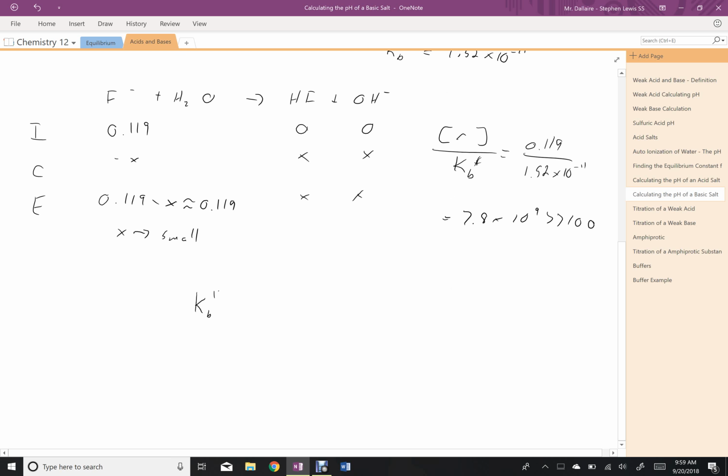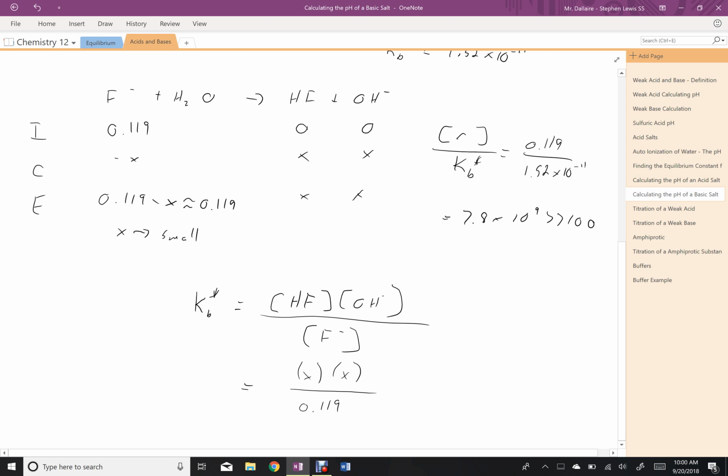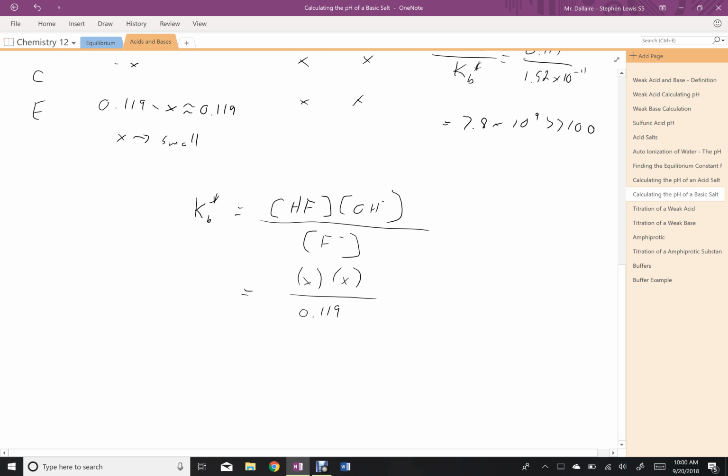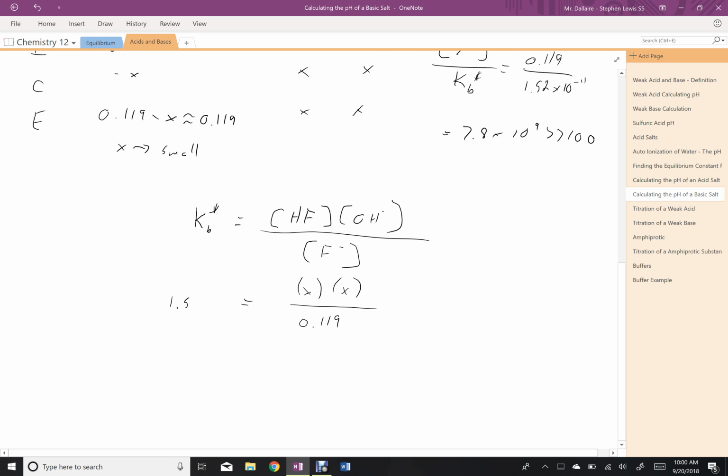So now writing my Kb expression for the conjugate reaction. I can use 0.119 down here instead of 0.119 minus x because x is small enough, and my value for my K is 1.52 times 10 to the negative 11.